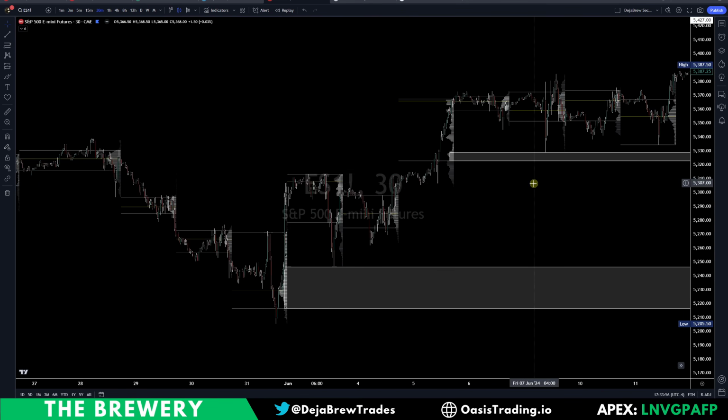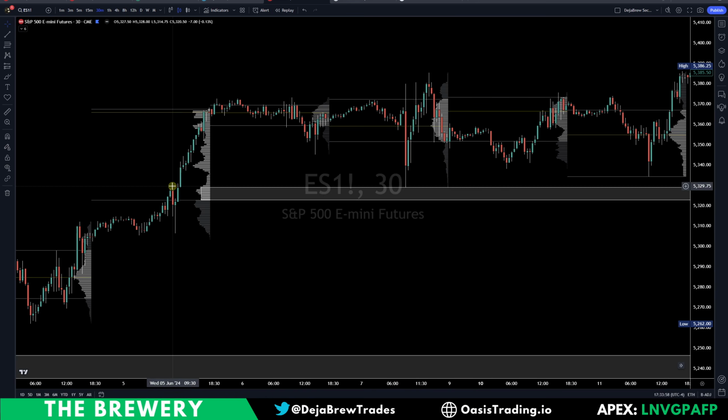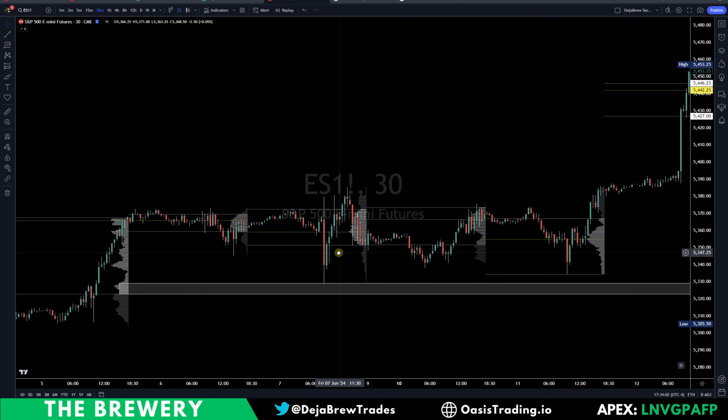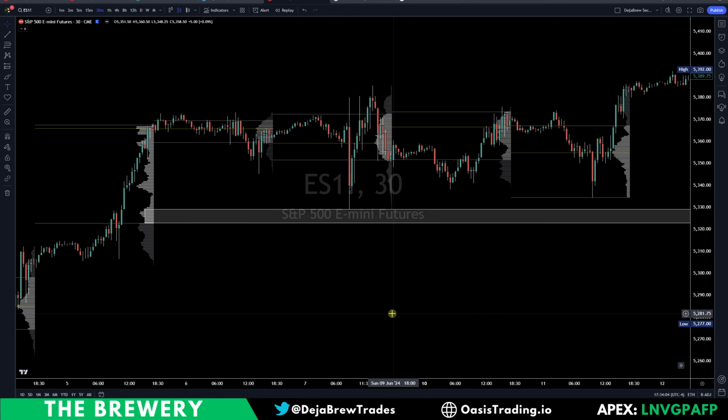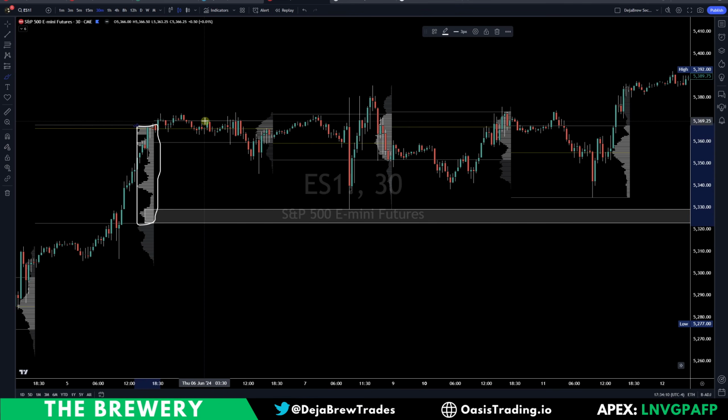So here's another example way back on Wednesday, June 5th. Very similar market structure to the example that we just covered. So we had a very wide value area here. We started to build value above it. You can see it started to push out of that value area.